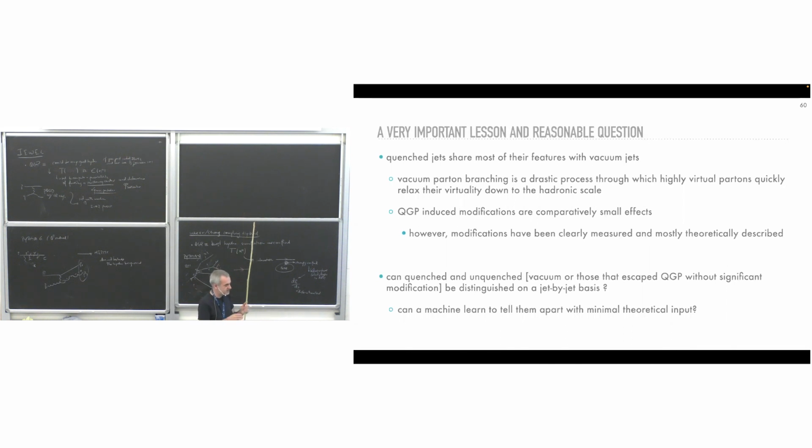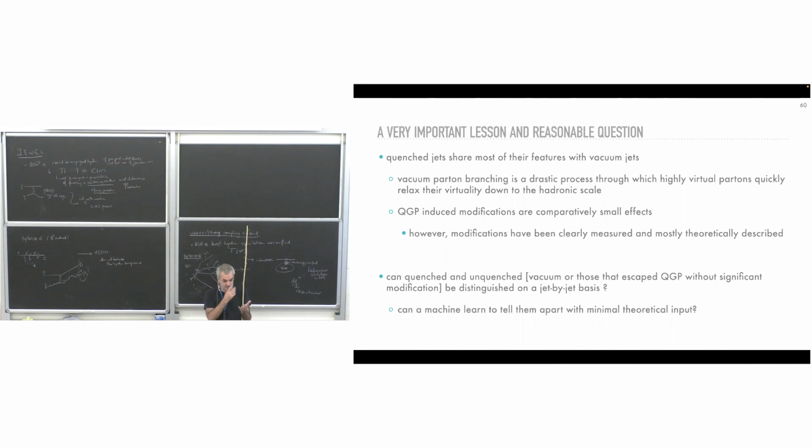From all I've said, and probably all that you've seen, I think it's fair to say that quenched jets share a lot or most of their features with vacuum jets. They're still jets, okay? There are modifications, and we have been looking at these modifications, quantifying, calculating them, but they are still jets. And what is in competition in a quenched jet is this really violent process, jet showering in vacuum.